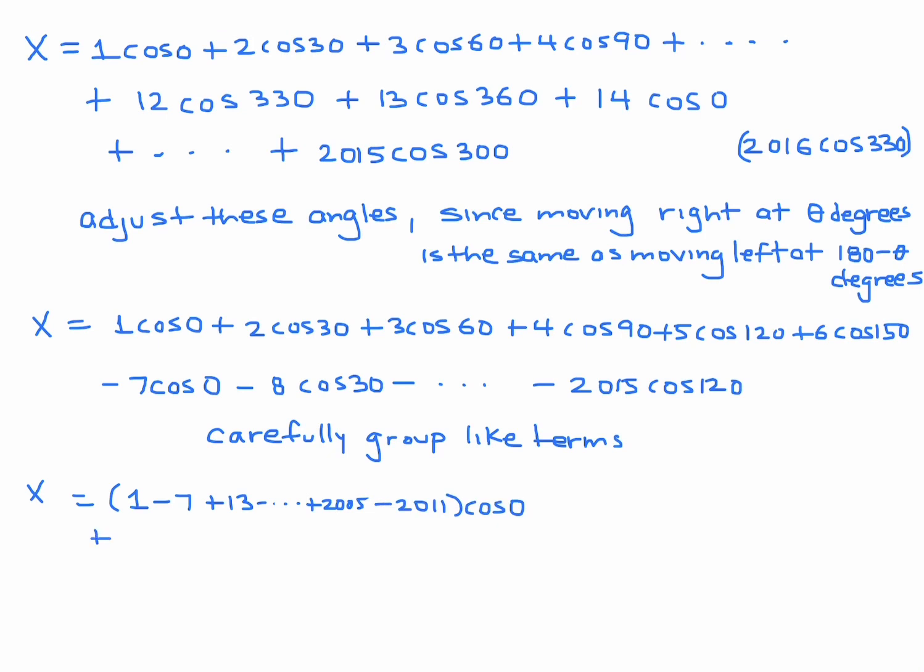And then we group what is next, which is cos of 30. And that's going to be 2 minus 8 plus 14. And then eventually you will get dot, dot, dot, 2 plus 2006 minus 2012.